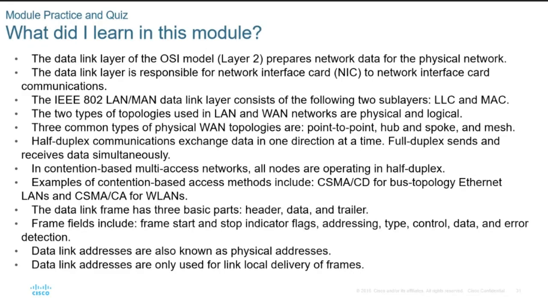The IEEE 802 LAN or MAN data link layer consists of the following two sublayers: LLC and MAC. The two types of topologies used in LAN and WAN networks are physical and logical. Three common types of physical WAN topologies are point-to-point, hub and spoke, and mesh. Half-duplex communications exchange data in one direction at a time. Full duplex sends and receives data simultaneously.